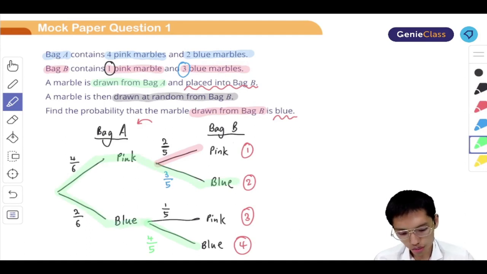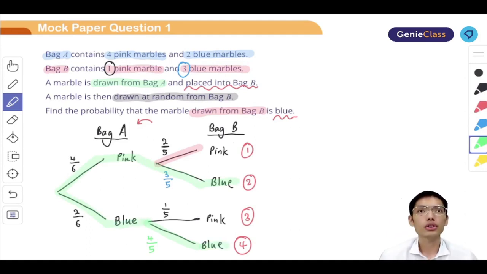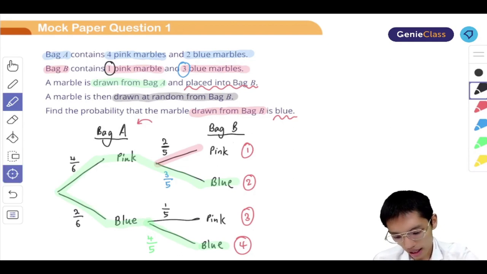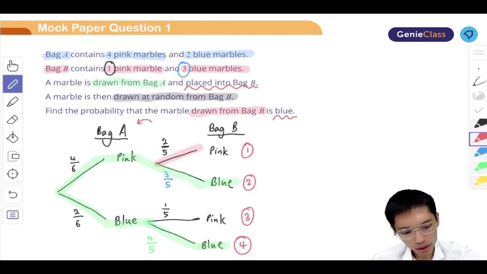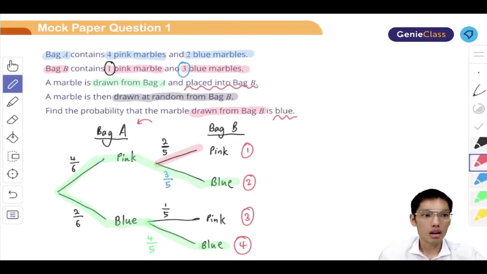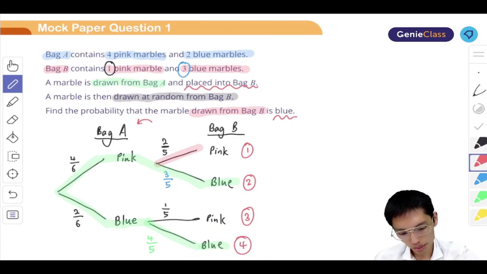So looking at these two branches, which I have just shown you, when I do my operations from these two branches, okay, in this case, blue from bag B, how should I deal with these two numbers? What do I do with these two numbers? Alright, very, very good. I think I wrote the wrong numbers, but I do get an operation. Okay, very good, Pranav. So just take note of the operations when you do this.